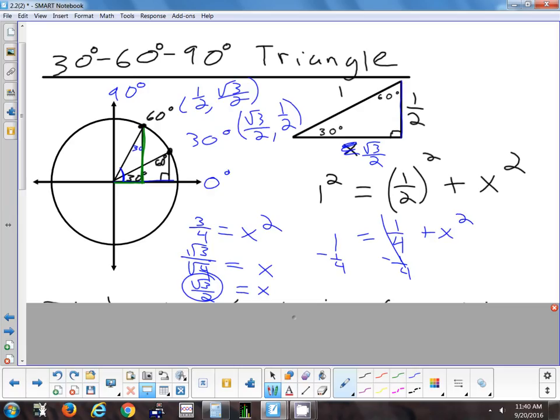Smallest angle is always across from the smallest side. As a decimal, square root 3 over 2 is like 0.86 or something. 1/2 is smaller, it's 0.5. So these are the two coordinates that you want to make sure you memorize for the 30 and the 60.